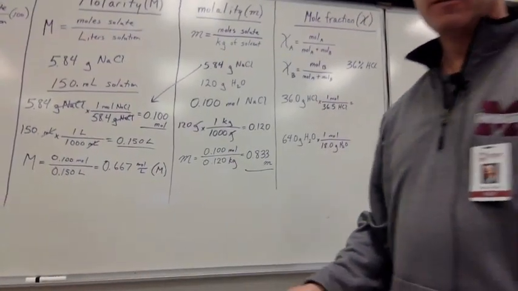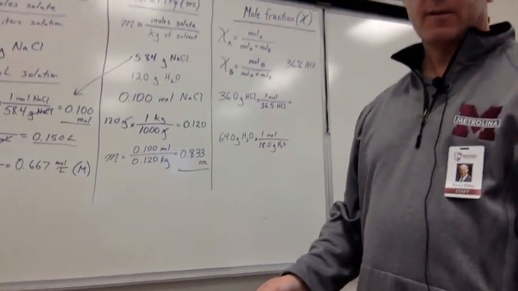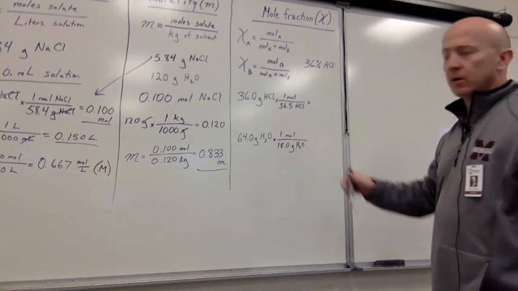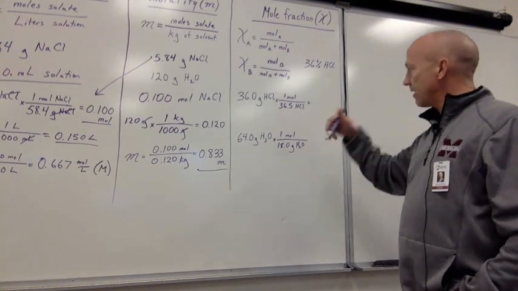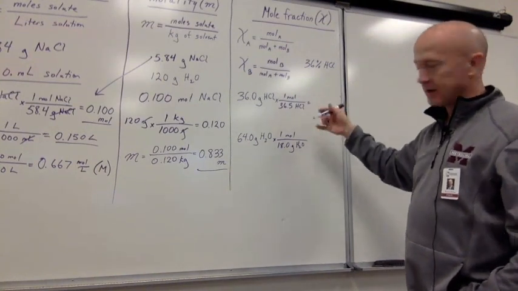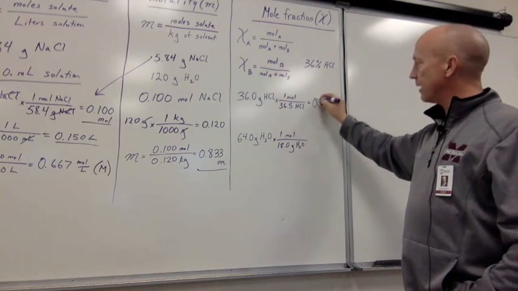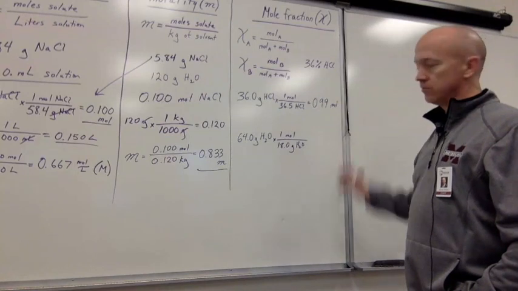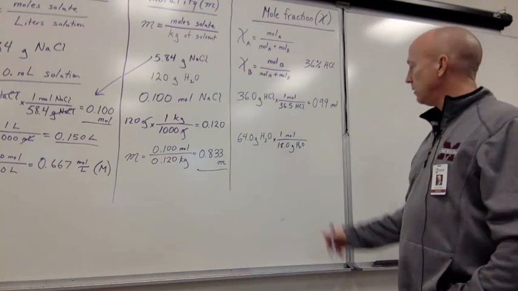And we're back. All right. So I'm going to do it like this, give myself a little more room. So now we've got basically 1. I'll say 0.99 moles. Okay.